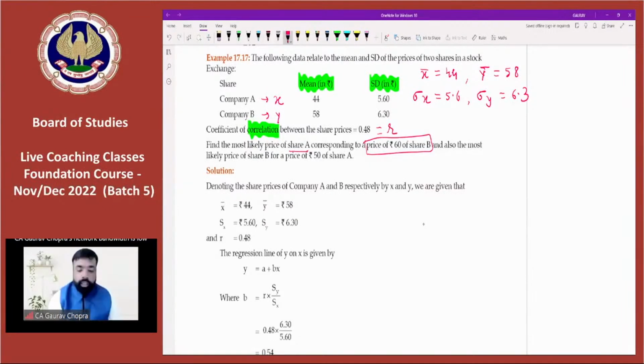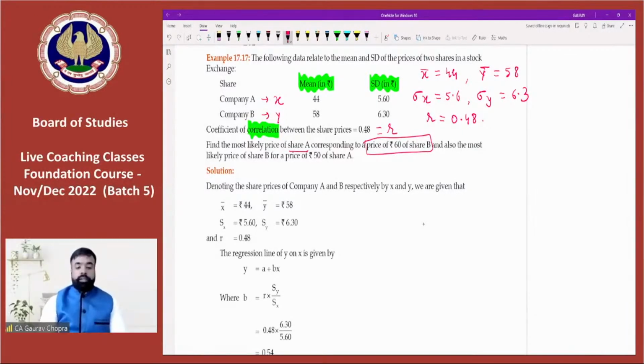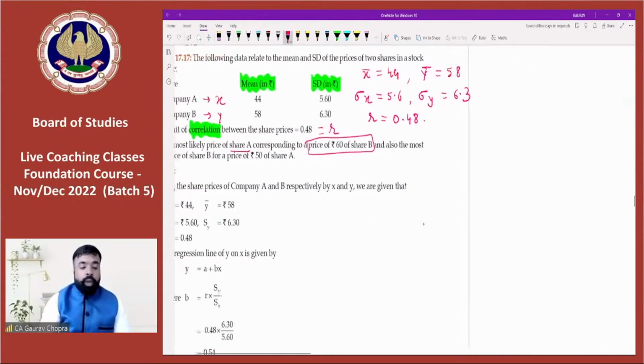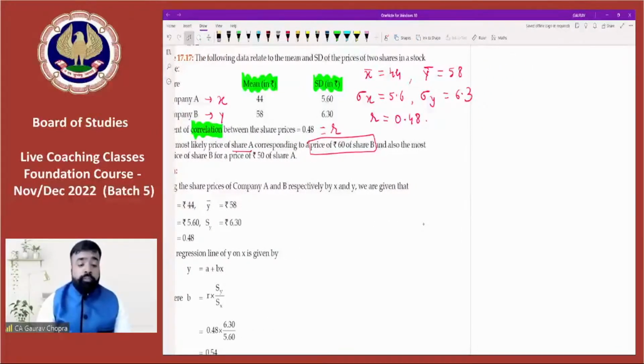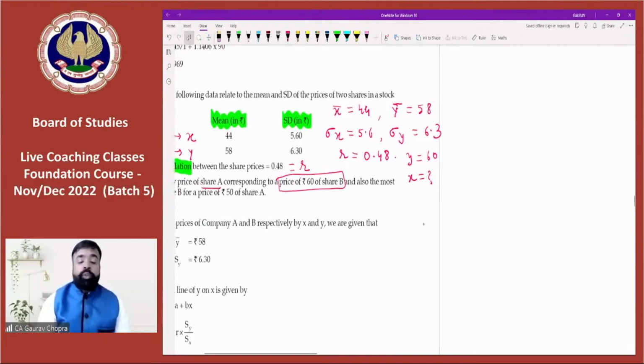Now correlation is also given. How much? 0.48. Now, what is the requirement? The first requirement is if the price of share B, that is the value of Y, is 60, then find the value of X, that is the price of share A. So whenever we have to calculate X, use the equation X on Y. Now, what is the formula for equation X on Y?